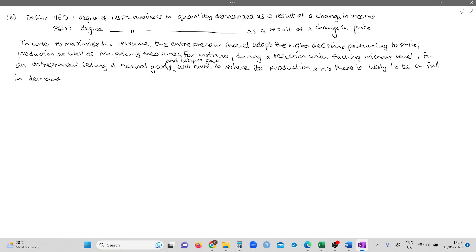We have different types of inferior goods that people wouldn't be buying if they had better money. But inferior products are usually cheaper. So when people's incomes are falling, they will tend to buy more inferior products.